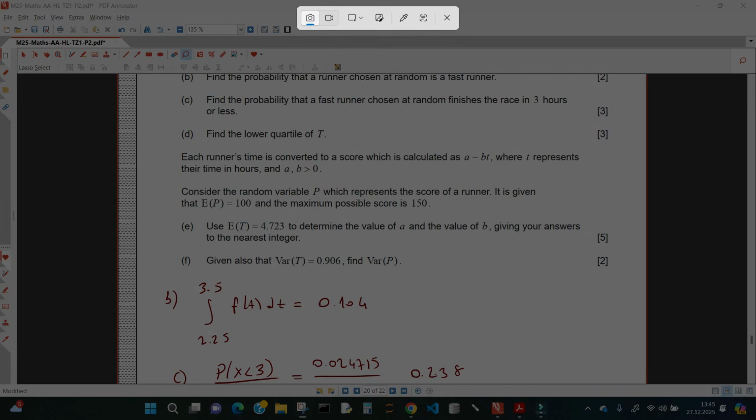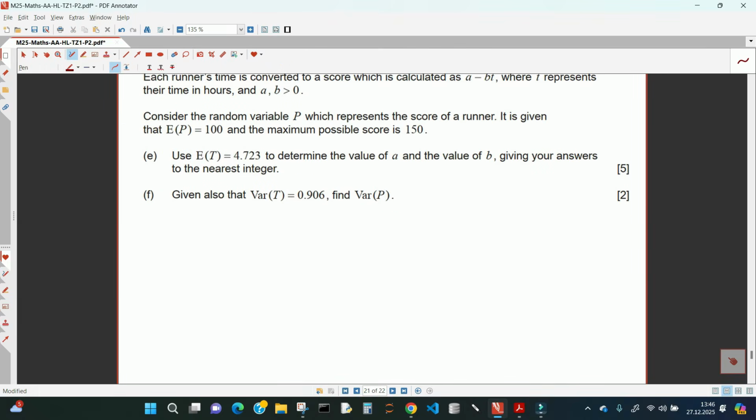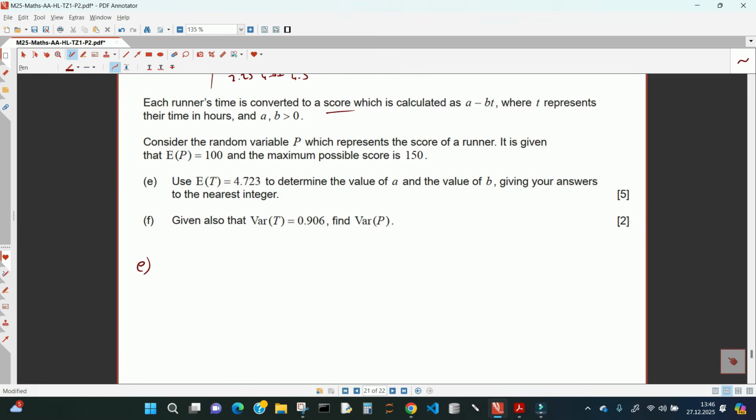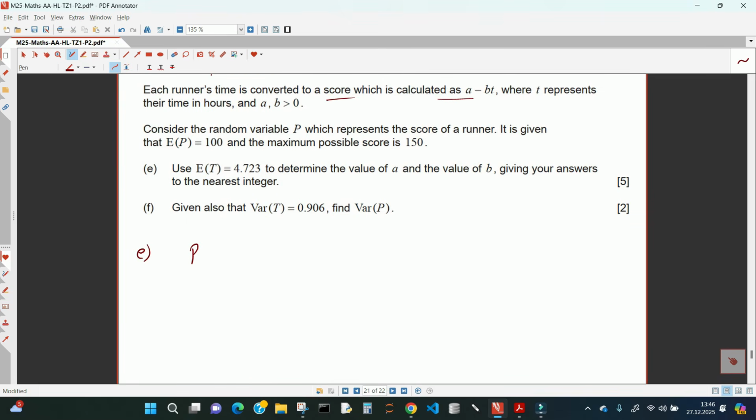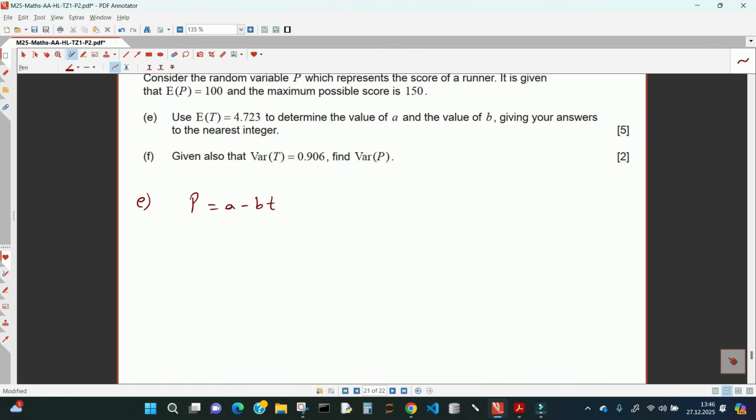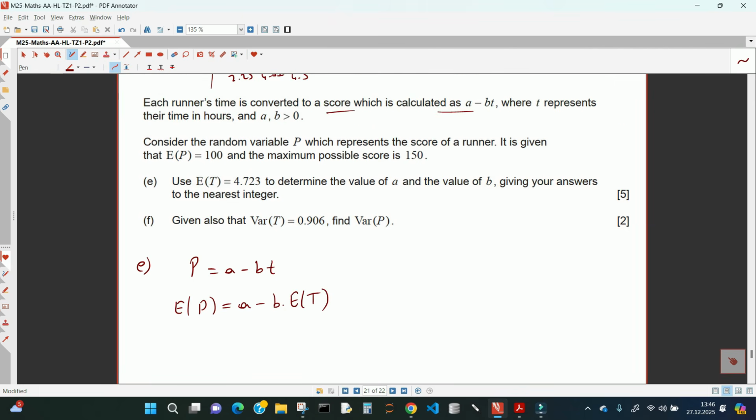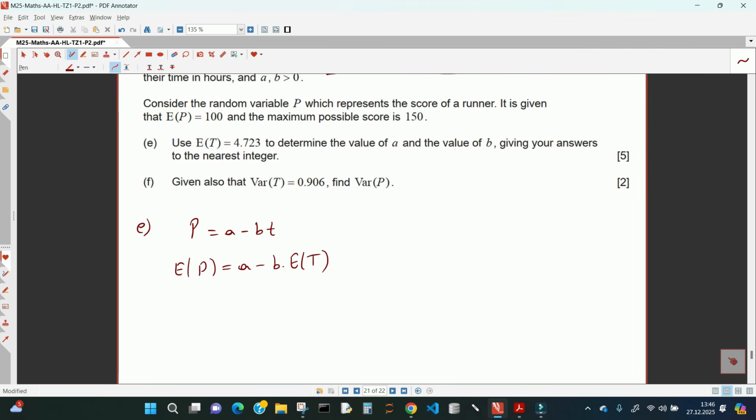I will take this. It's gonna be question A. So this is the score. We call it P equals A minus BT, right? So if I write the expected value of P, it's gonna be equal to A minus B times expected value of T. And it's given that expected value of P is 100, and it's gonna be B times the expected value of T, which is 4.723.